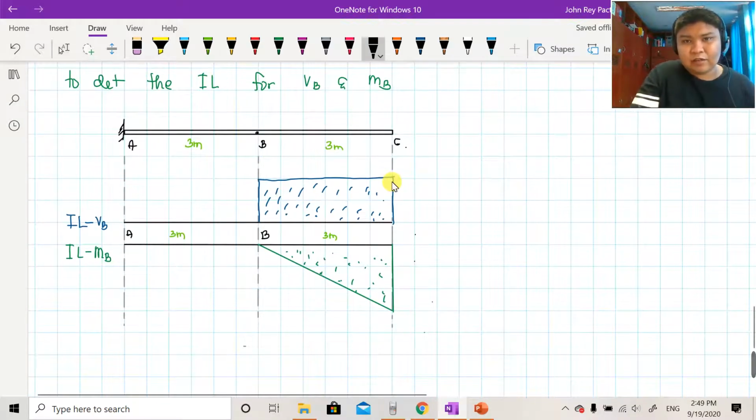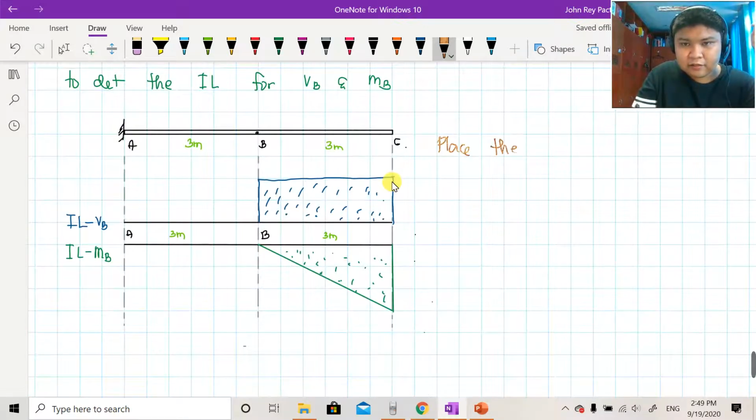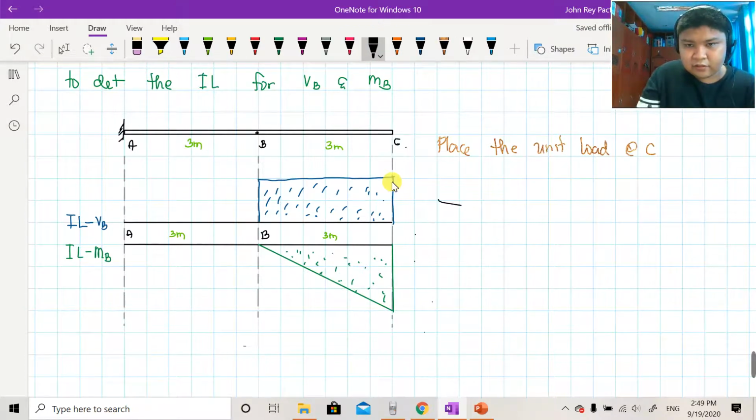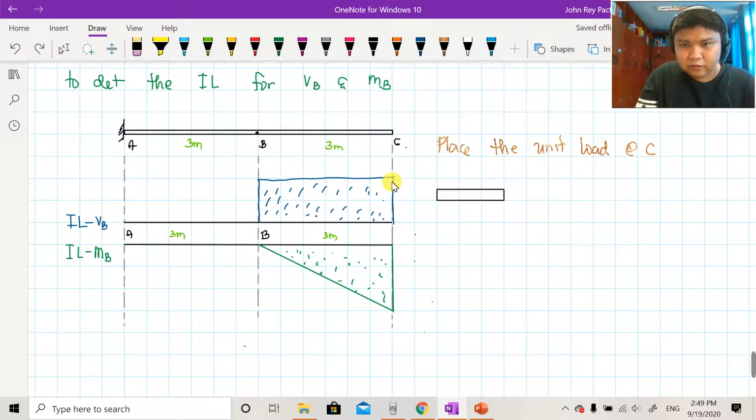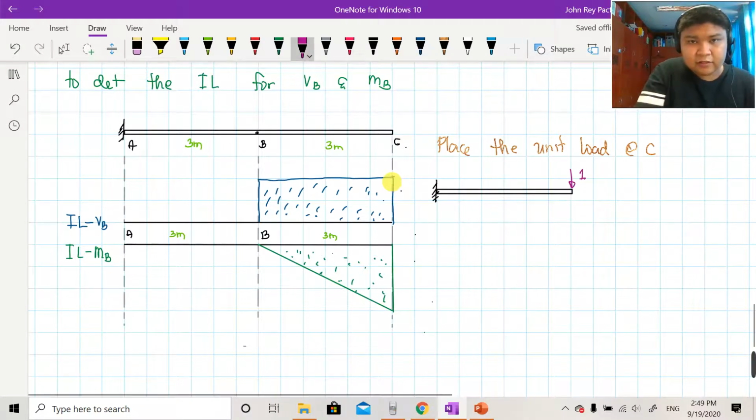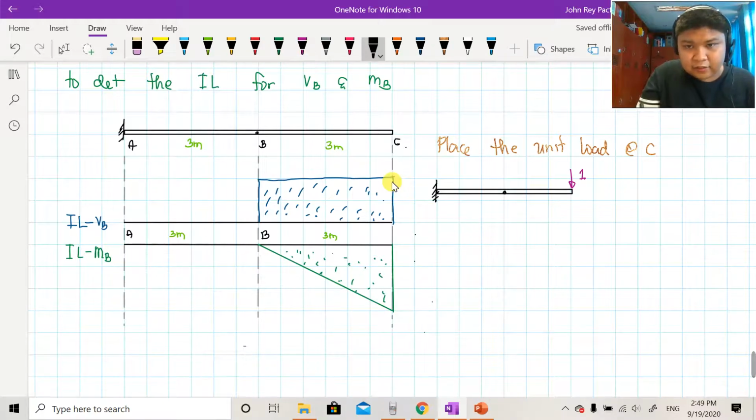So, halimbawa, place the unit load at C. So, therefore, since this is 6 meters naman class, ito yung 1, tapos ang concern natin is itong B, ito yung C, ito yung A.